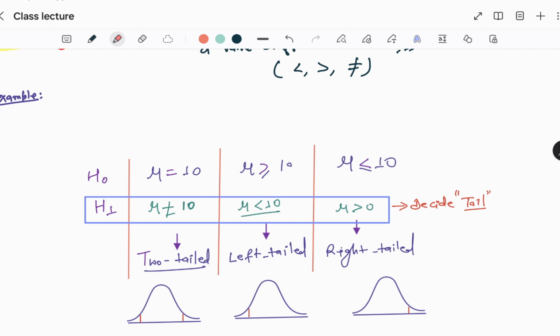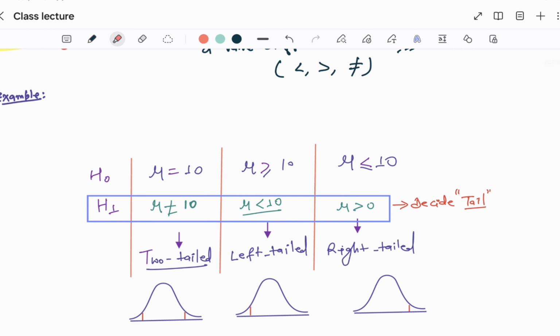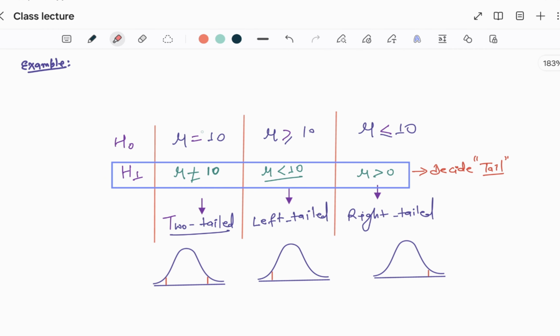The alternative hypothesis decides the tail of our probability curve. When the null hypothesis is equal to 10, the alternative won't be equal to 10, so there will be chances that it will be either greater than or less than. That goes into the two-tail test.